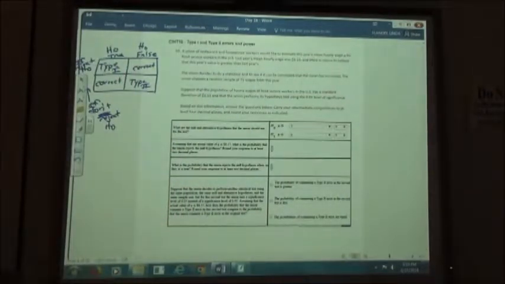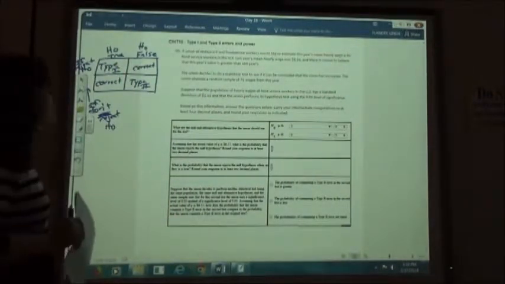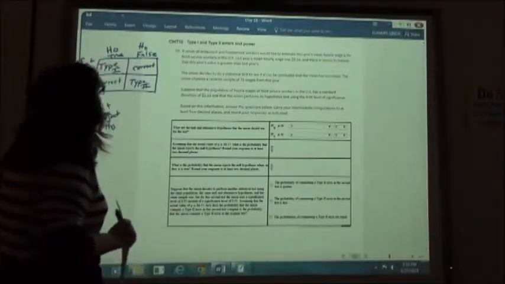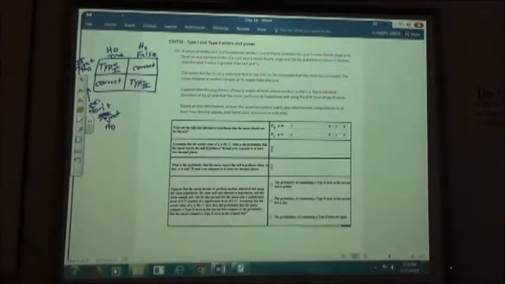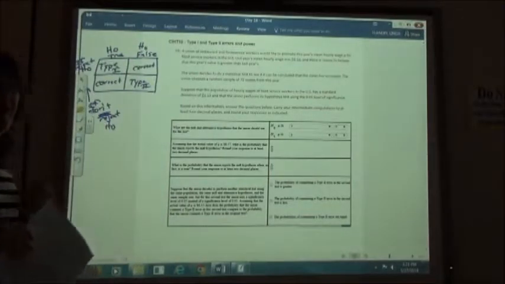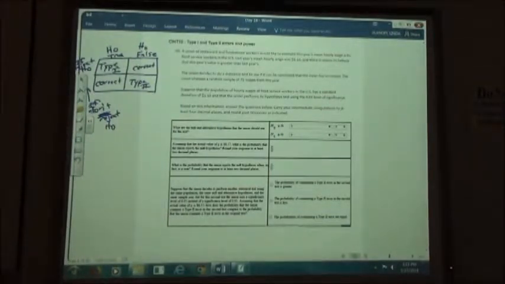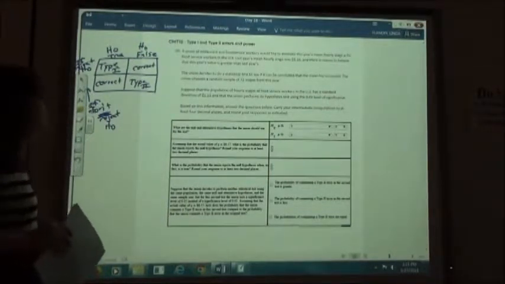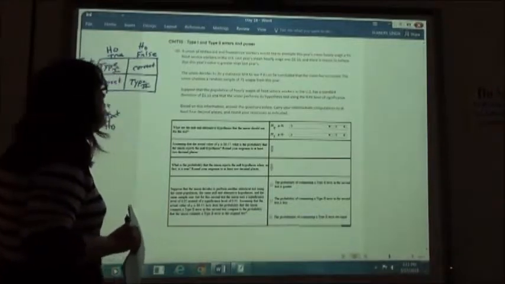So, problem number 10 says, a union of restaurant and food service workers would like to estimate this year's mean hourly wage for food service workers in the U.S. Last year's mean hourly wage was $8.16. There is reason to believe that this year's value is greater than last year's. The union decides to do a statistical test to see if it can conclude that the mean has increased.